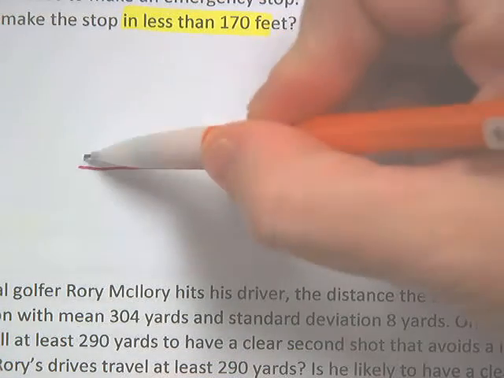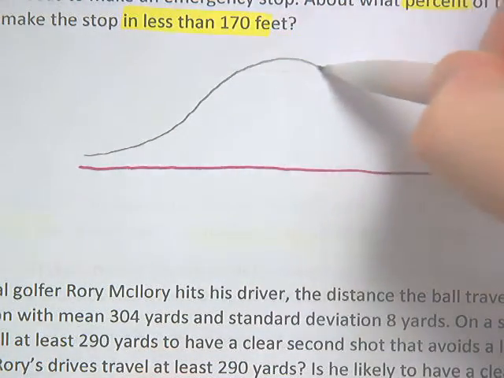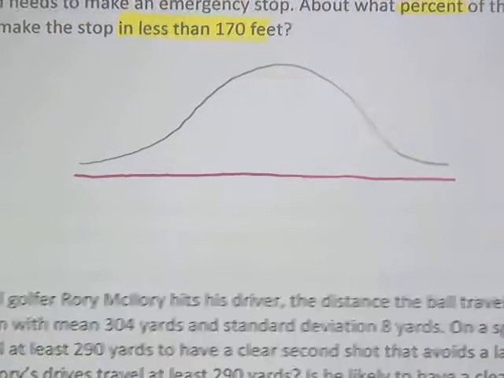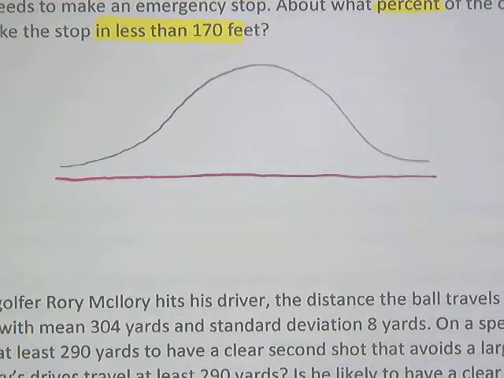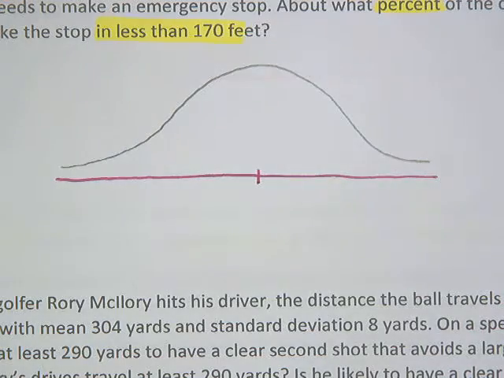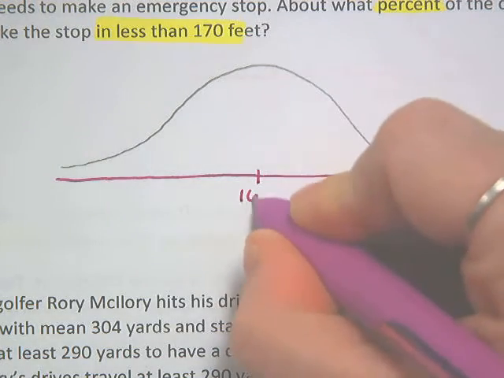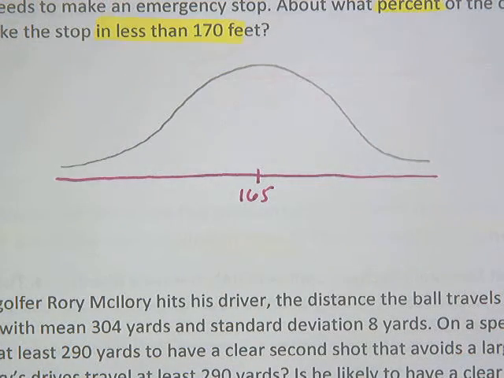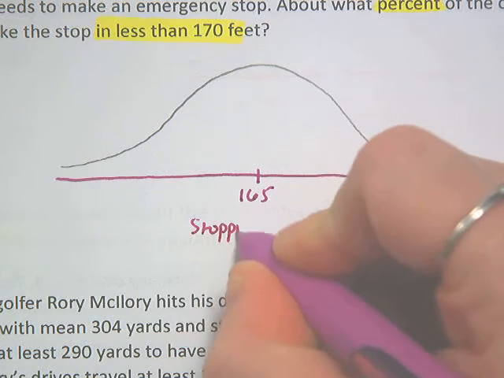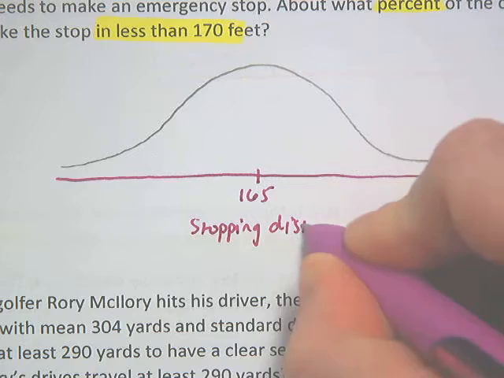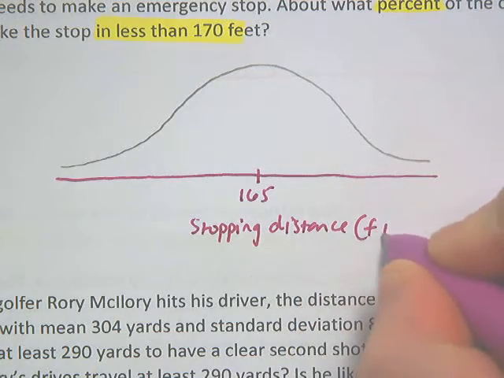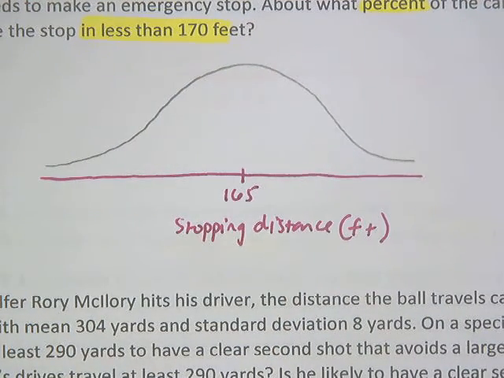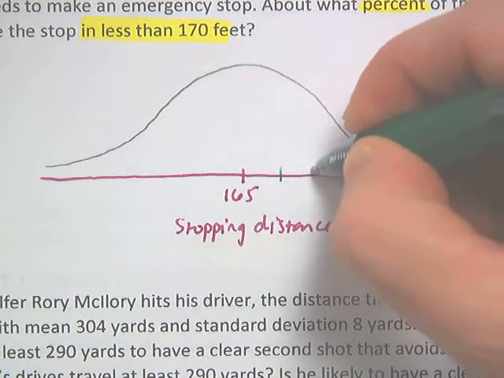The drawing is really the tedious part. But you're not really going to know what you're going to put in the calculator until you draw a quick sketch. So the average stopping distance, the mean, mu, is 165 feet. It's always good to label things. And the standard deviation is 4 feet.